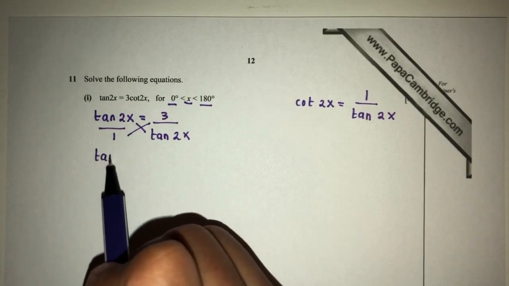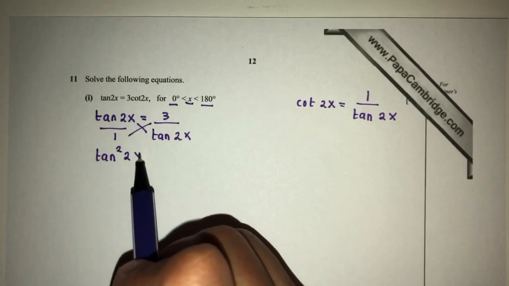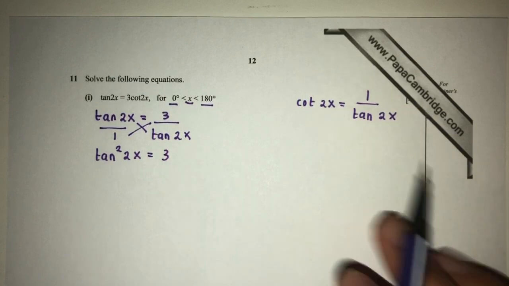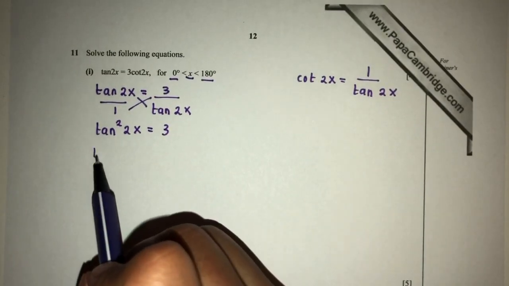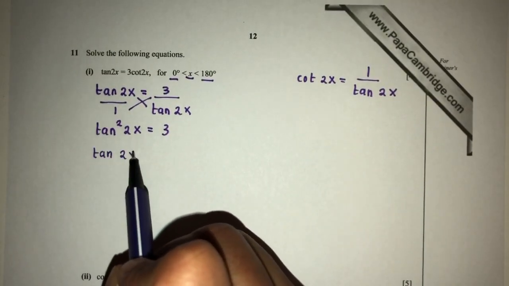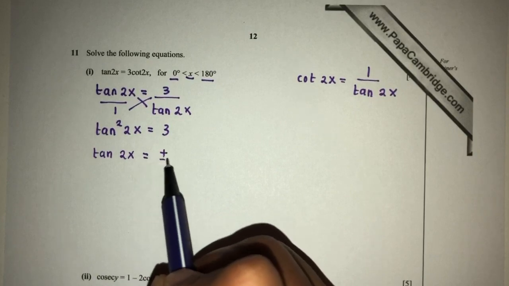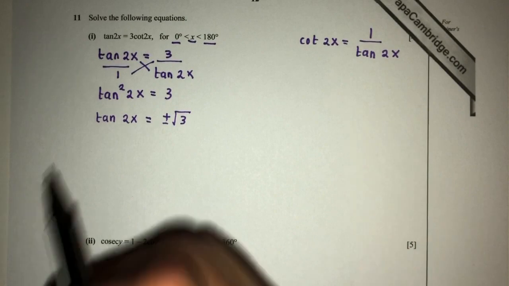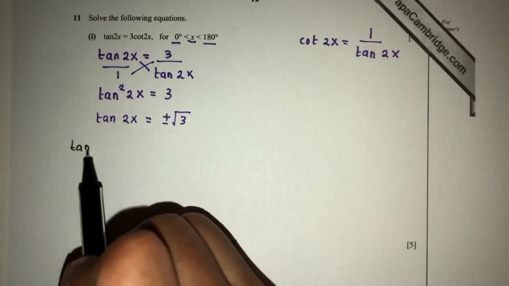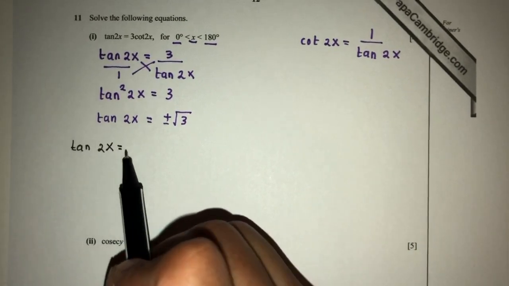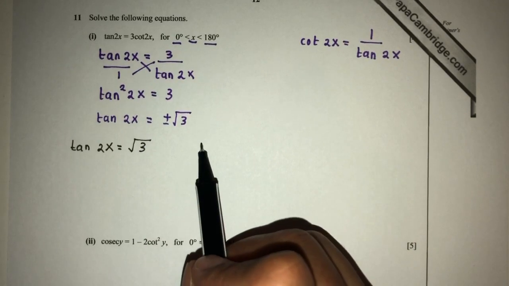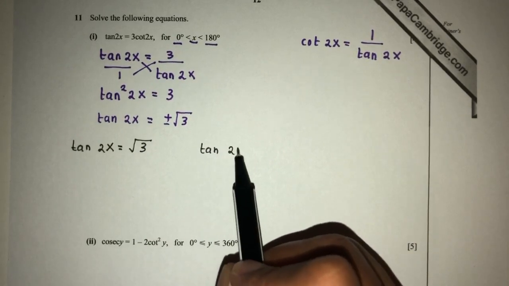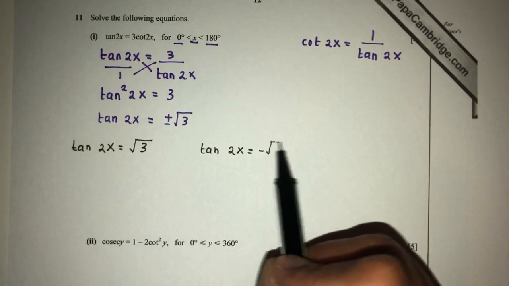That will be tan squared 2x is equal to 3. Okay, so tan 2x can be plus minus root of 3. For the first value, you can take the positive value, so tan 2x has to be root of 3. And for the other, tan 2x has to be minus root of 3.